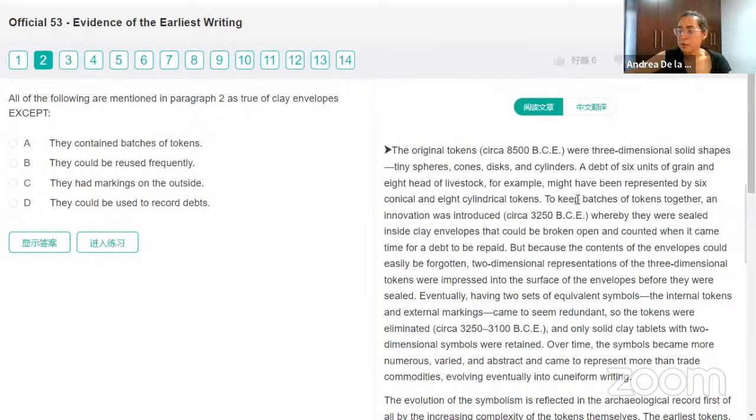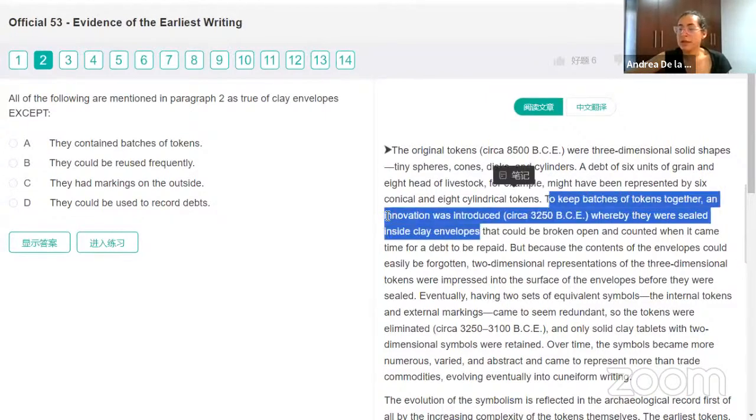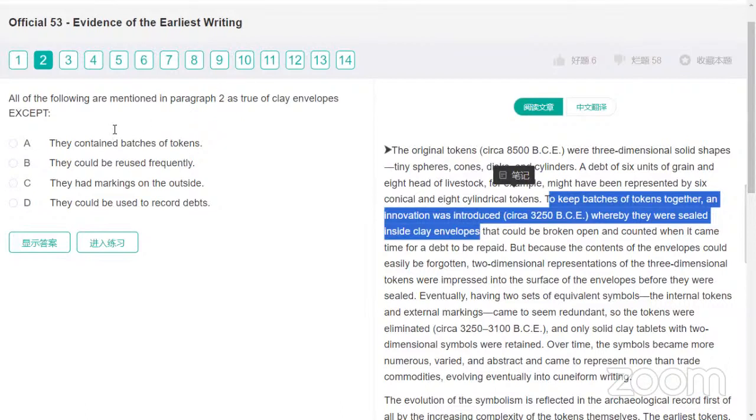Batches of tokens son fichitas, las fichas eran selladas dentro de los clay envelopes, los sobres de arcilla. No hay más. Entonces buscamos si tenemos esa opción. Do we have that option? Yeah, A. So it's not A.